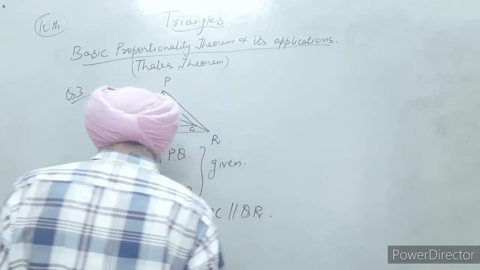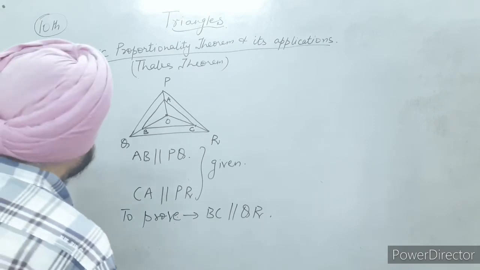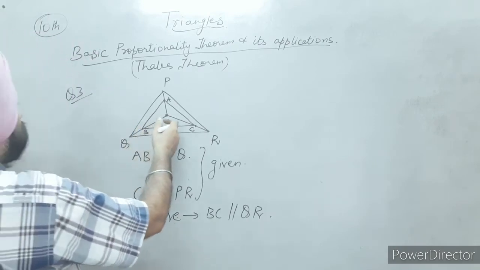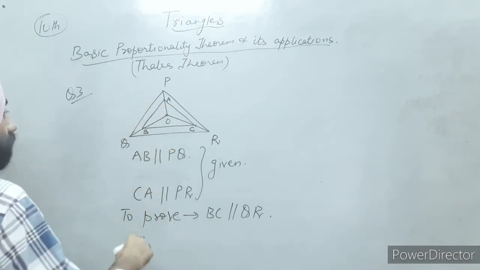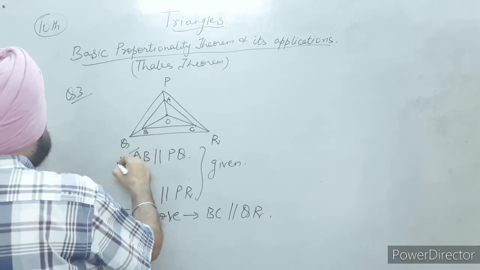BC is parallel to QR. Now it's again a very simple sum. AB is parallel to PQ, right? This is your first case.